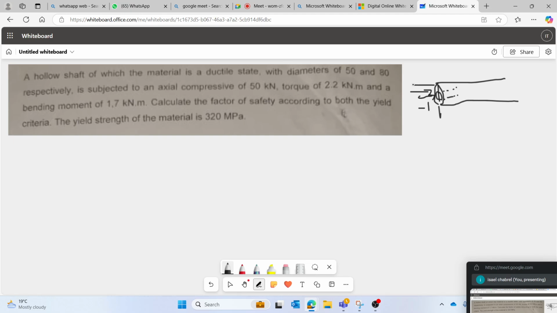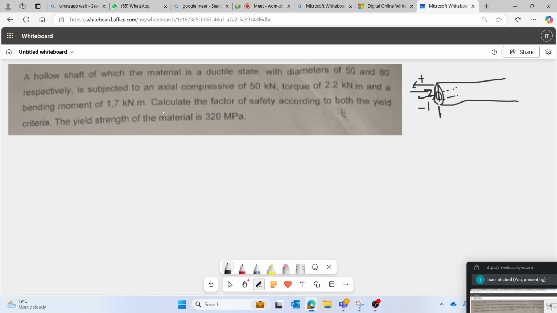Tensile means it is going away from the shaft and is positive. So the stress in this case will be negative because it is compressive. And you have a torque of 2.2 kilonewton and a bending moment of 1.7 kilonewton.